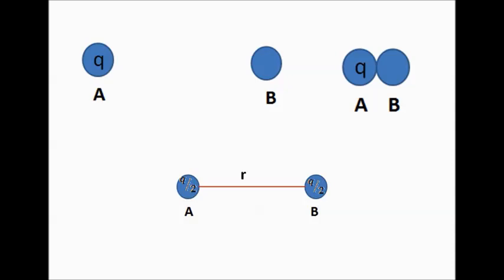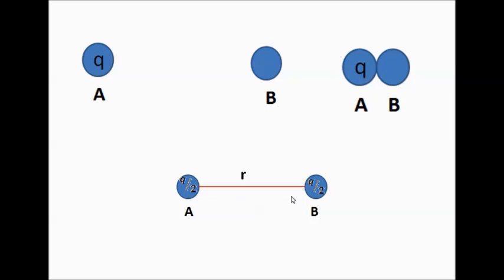The charge from sphere A will flow to sphere B until both have the same amount of charge. That is, after conduction, the charge on sphere A will be Q by 2 and the charge on sphere B will be Q by 2.